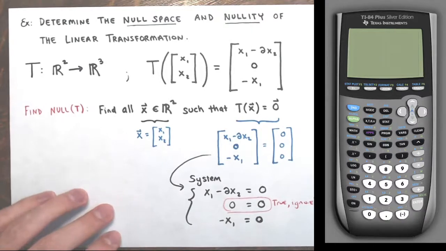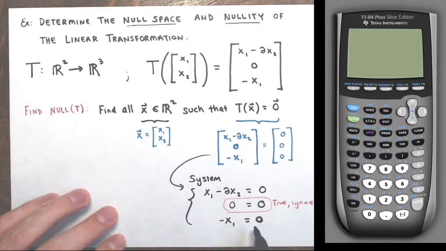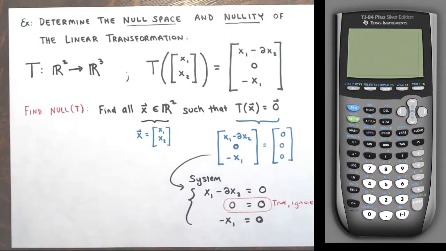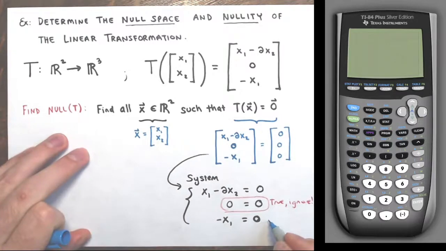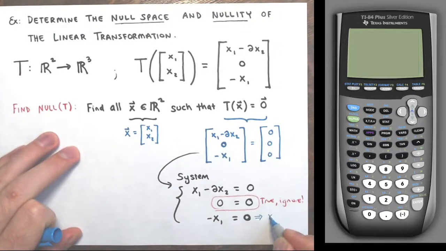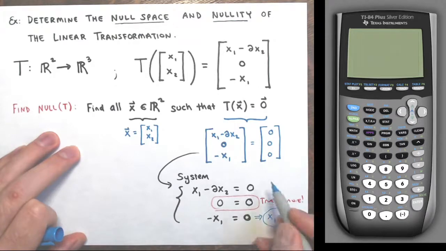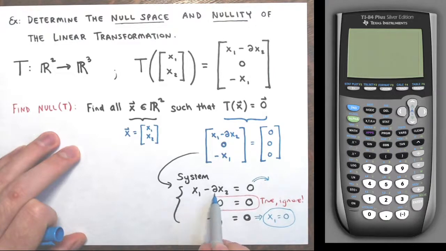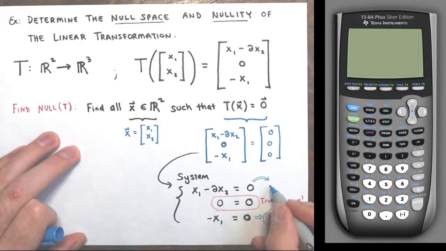And it's pretty obvious to me that from this third equation, x1 has to be 0. And if x1 is 0, then in the first equation, replacing x1 with 0, you would just have negative 2x2 equals 0, and dividing both sides by negative 2, x2 has to be 0 as well.